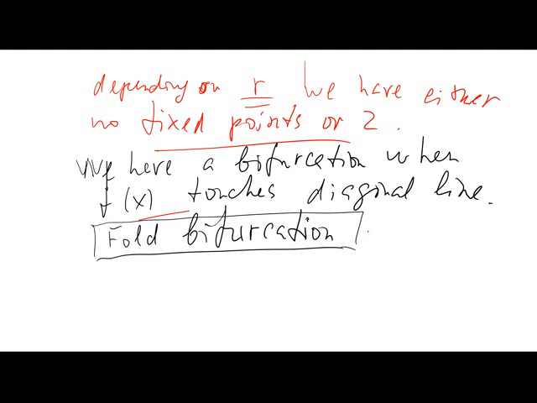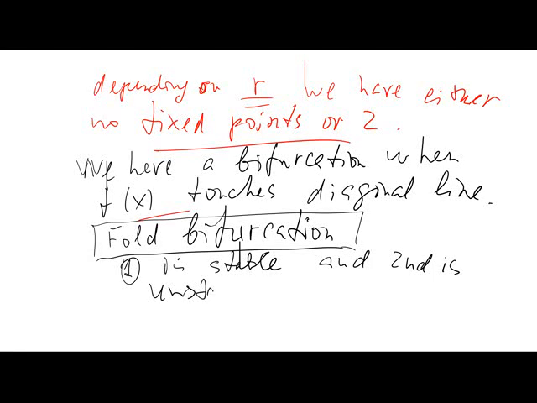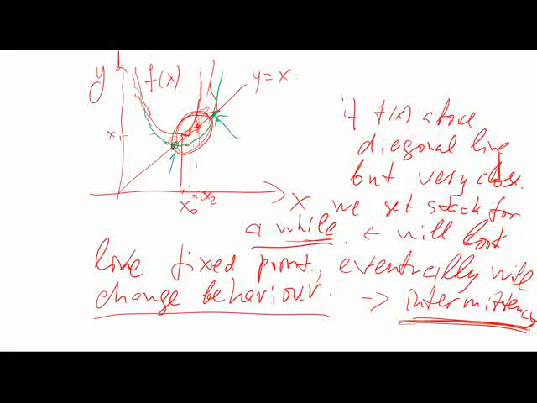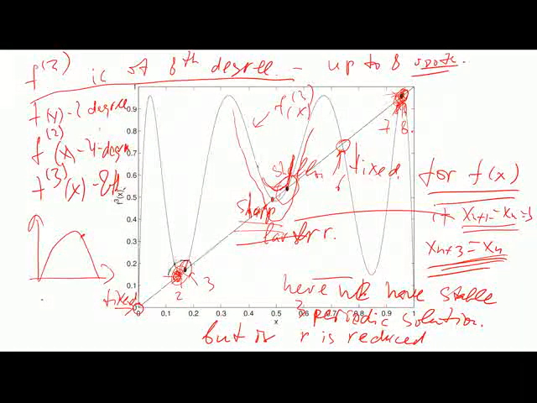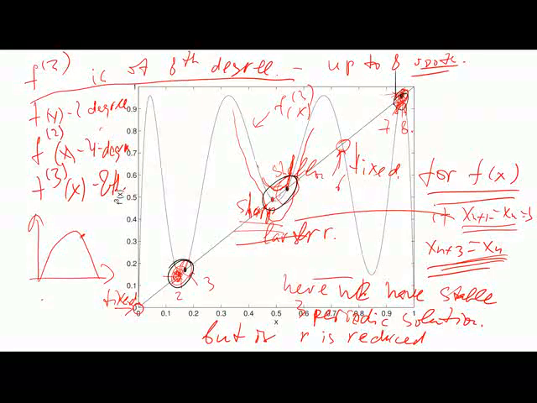So this fold bifurcation: it is a feature of fold bifurcation that when we have two fixed points appear, one of them is always stable, another is unstable. Like here, two appeared, one stable, one unstable. Here two appeared, stable, unstable. And here two appeared, stable, unstable. So this is fold bifurcation.